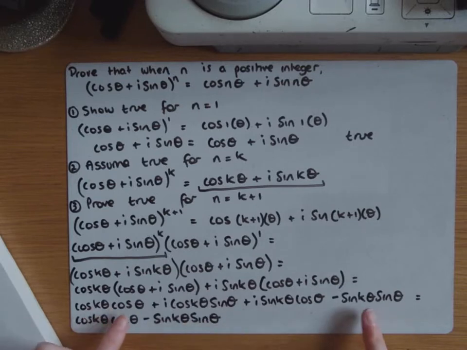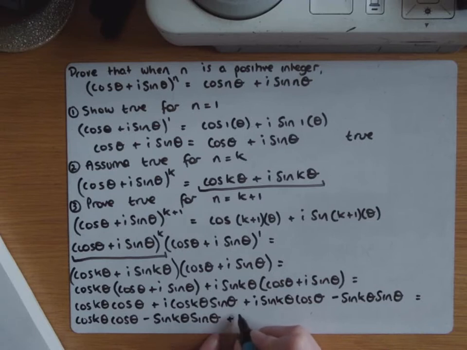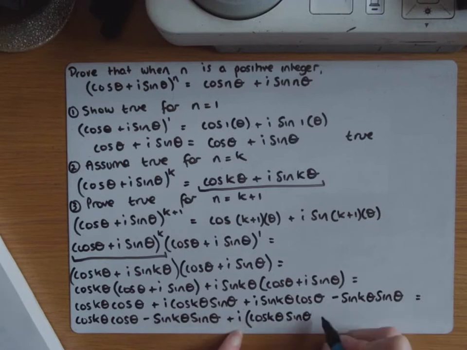Just putting those two together. Anything without the I goes together. And then we have an I, okay, outside of cos k theta sin theta plus sin k theta cos theta. Okay, so I just factorized out the I there.